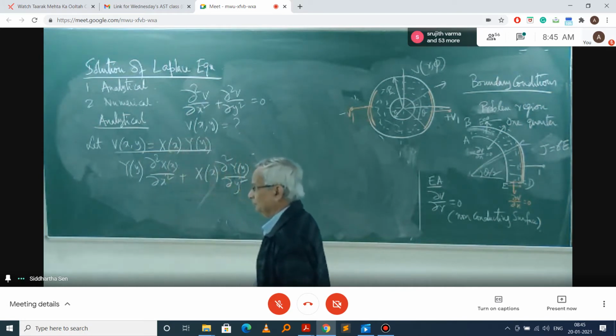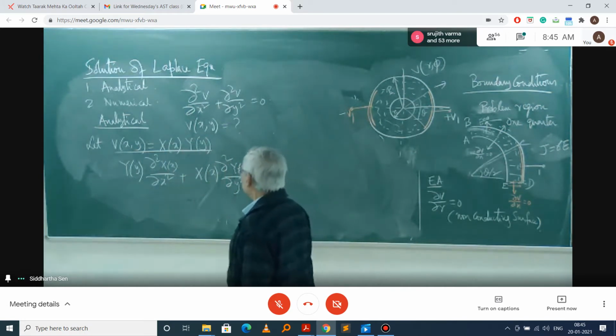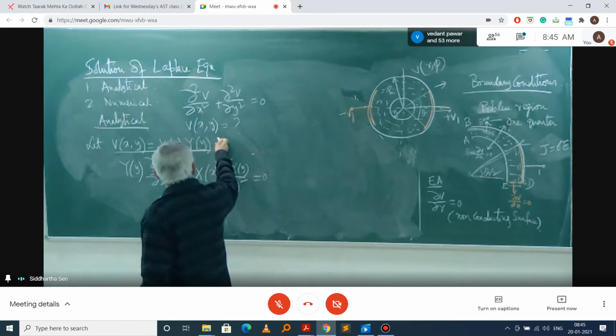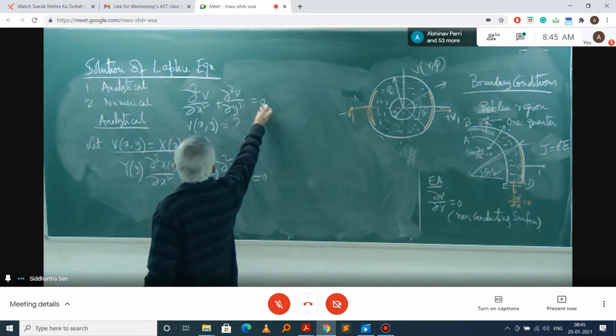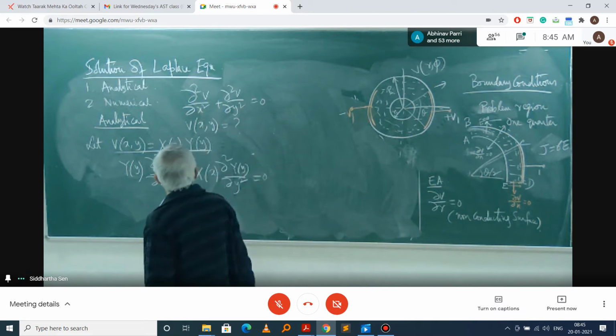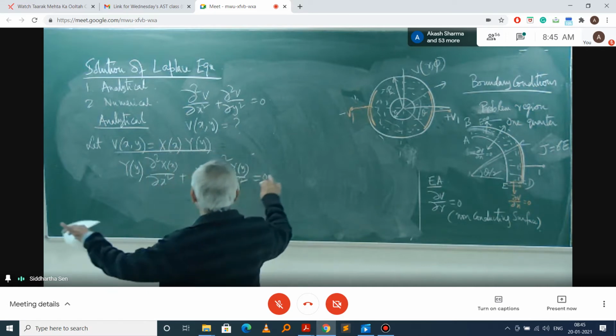I am saying that I assume this is your solution, and if we can prove that it satisfies this equation, then it would be done. But we need to see for which condition. It's a very general solution.